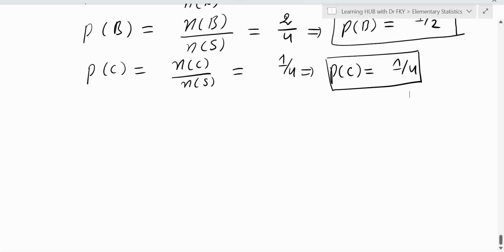So this is the function of binomial probability distribution. Now I will apply this function by using binomial distribution.